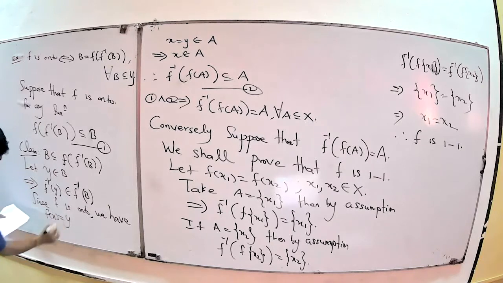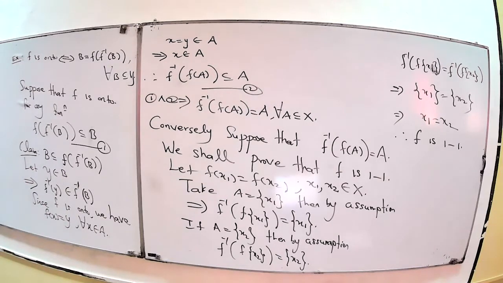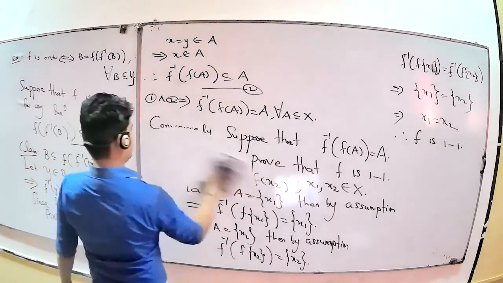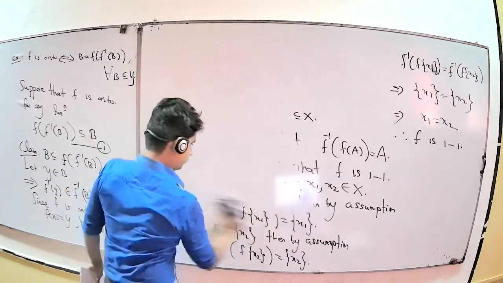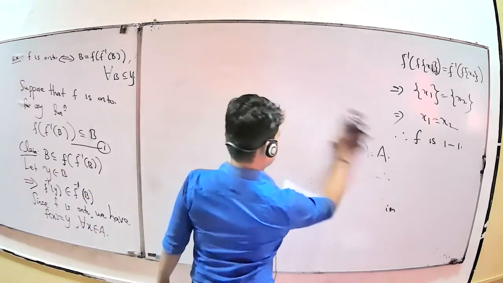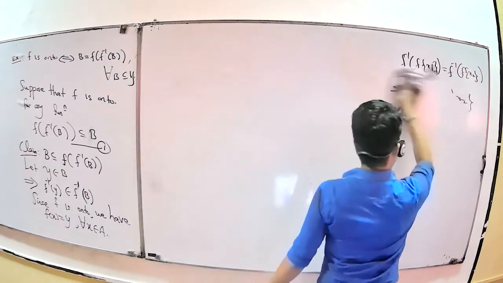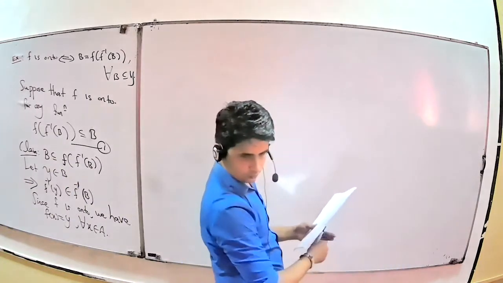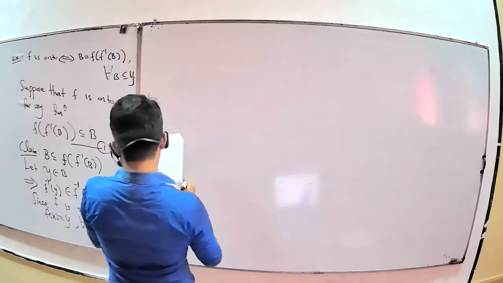f of x equal to y for some x belong to a, y belong to b, right? f of x equal y.